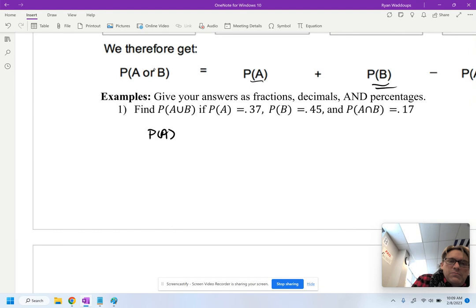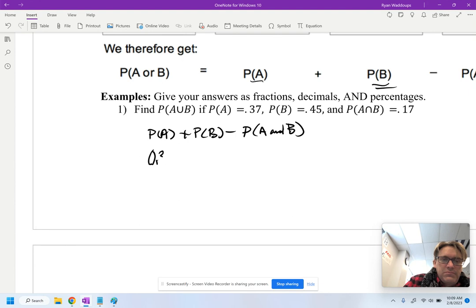So we've got the probability of A plus the probability of B minus the probability of A and B. So the probability of A is 0.37, the probability of B is 0.45, and the probability of A and B is 0.17.